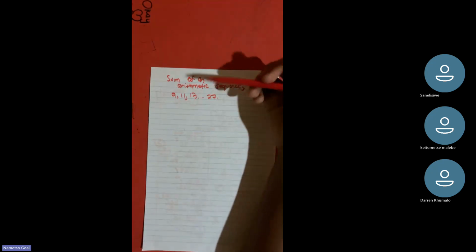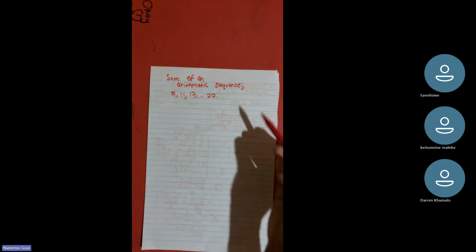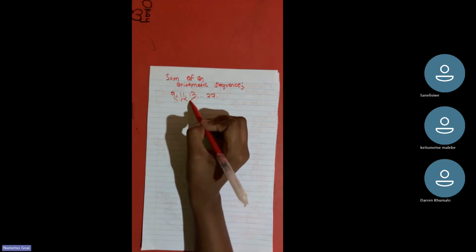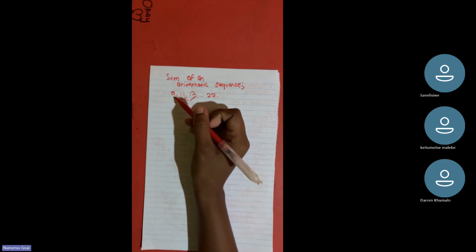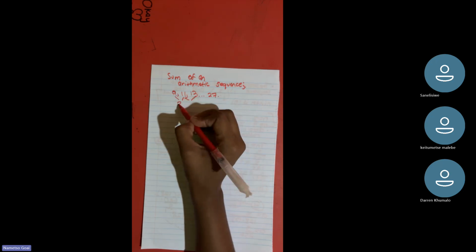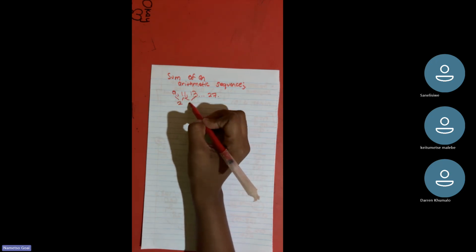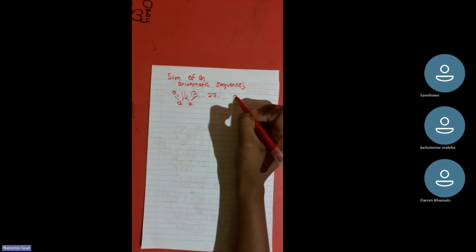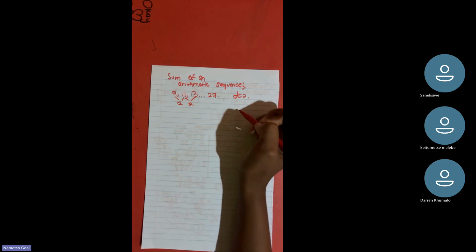And then we said what an arithmetic sequence has is a common difference. Moving from 9 to 11, that's 2. Moving from 11 to 13, that's 2. So you see, our D would be 2, right?